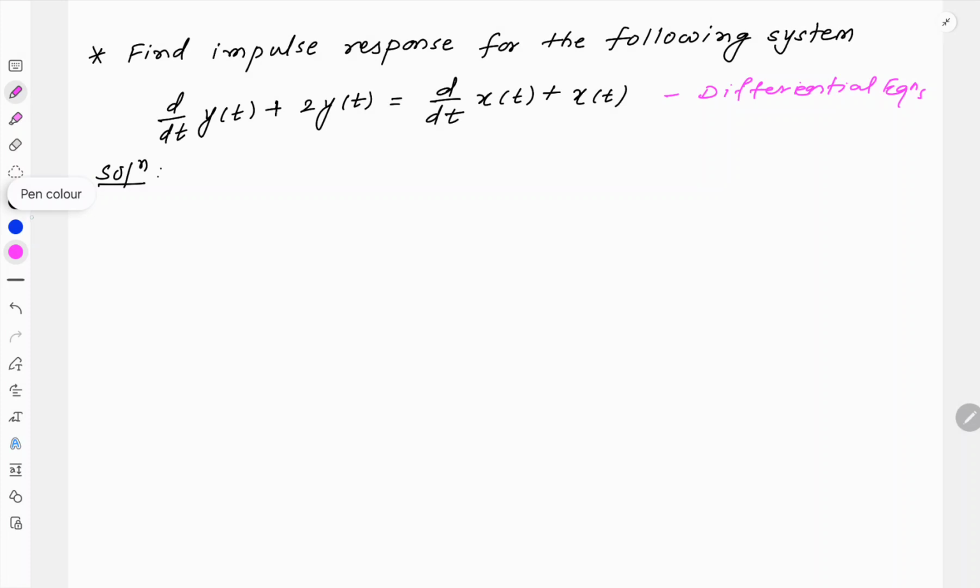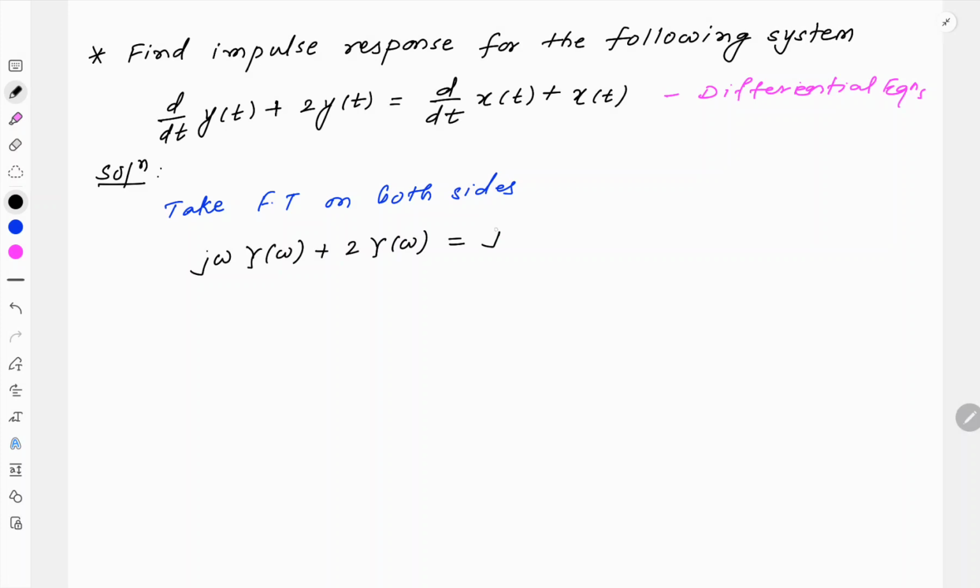So let us take the Fourier transform on both sides of this equation. Using the time differentiation property, d/dt of y(t) becomes j omega into Y(omega), plus 2Y(omega), equal to j omega into X(omega) plus X(omega).